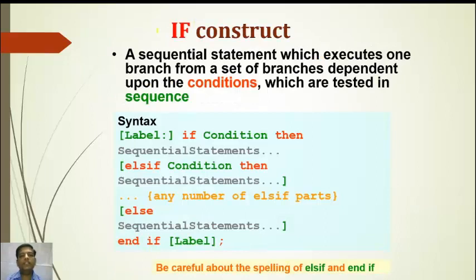First, the if construct. The if construct is a sequential statement which executes one branch from a set of branches dependent upon the conditions which are tested in sequence.